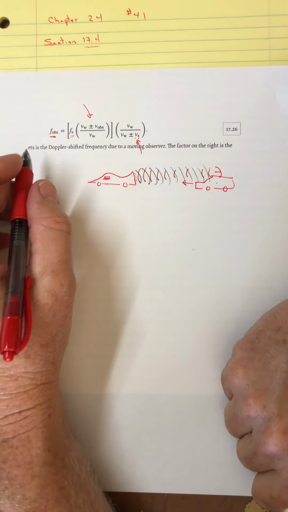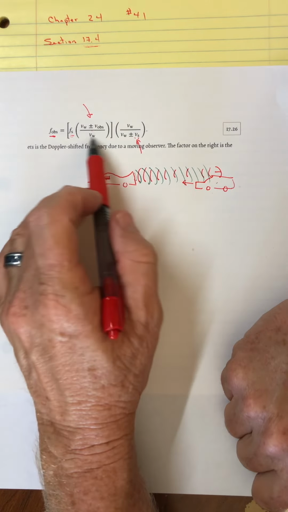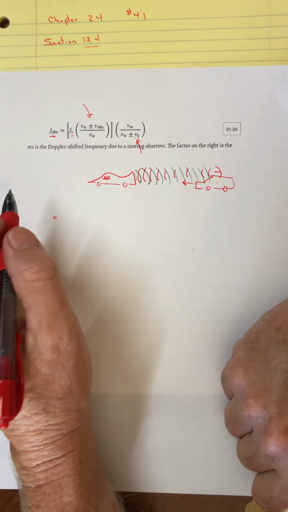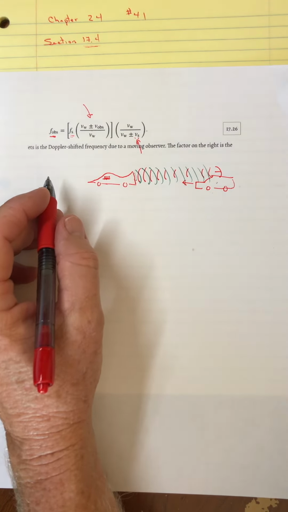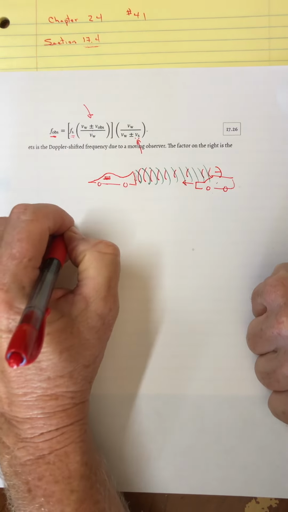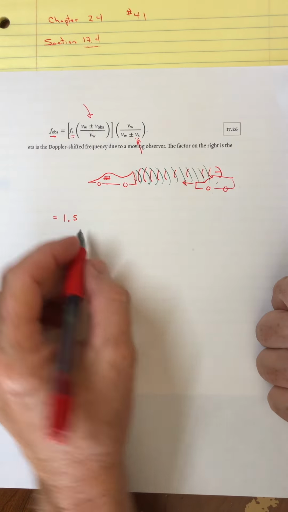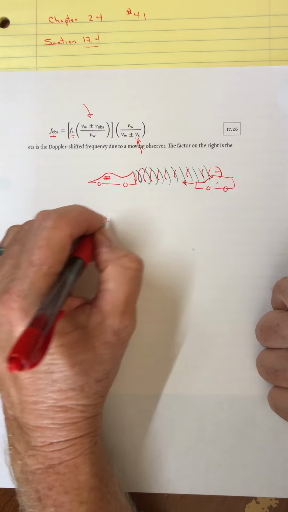All right, so let me put in these numbers using the analogy of our sound waves. They gave us the frequency of these microwaves. The original frequency, that is, the electronics in the box here in the police car, make 1.5 gigahertz.